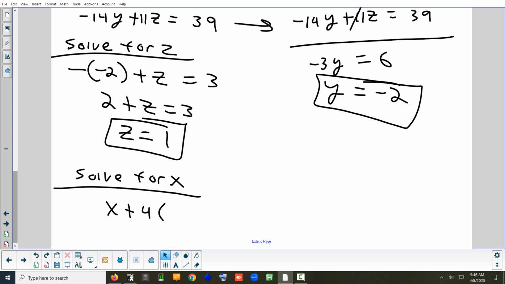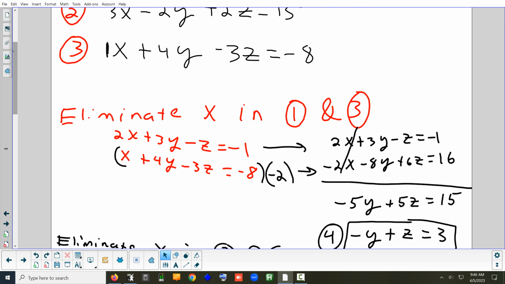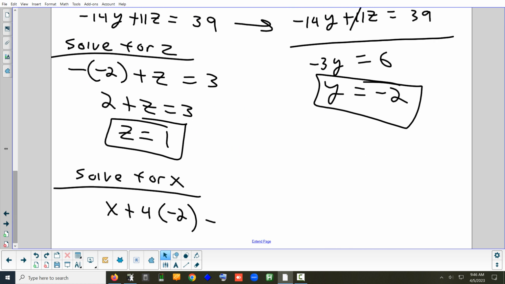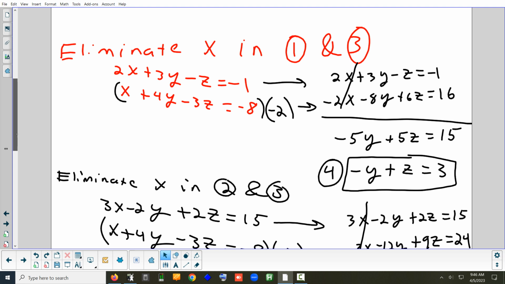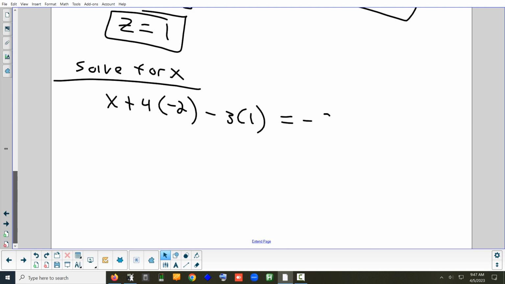x plus 4y minus 3z. So minus 3 times 1 equals, I forgot what was on the other side, negative 8. Alright, so we finish that, and then we finally have x.